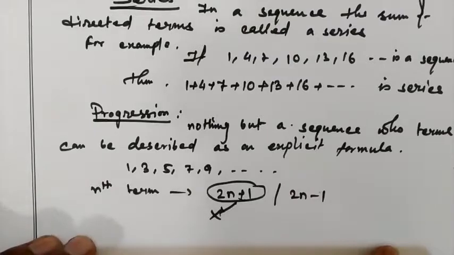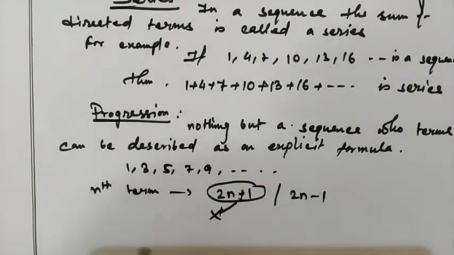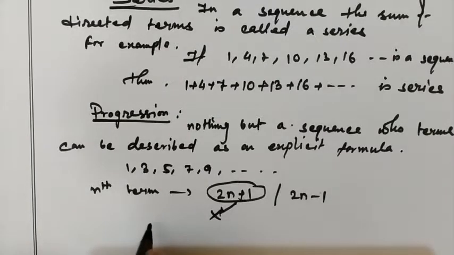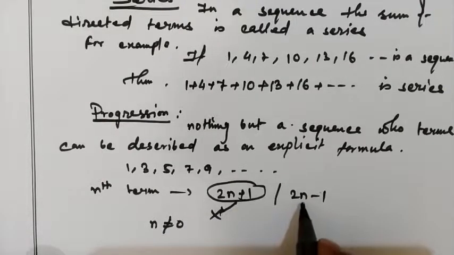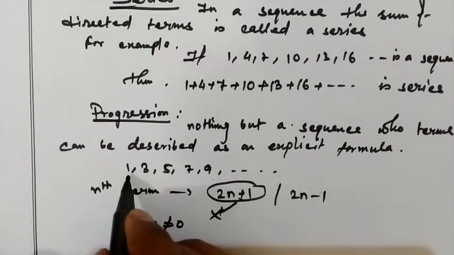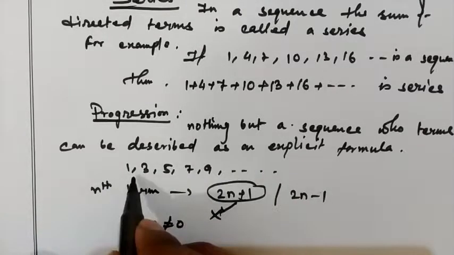In the definition I have told you that the domain of a sequence is the set of natural numbers. Natural number means n is not equal to 0. So here, for getting the first term, we would have to put n equal to 0. That means n is not a natural number, so we cannot put n equal to 0. That's why this will not be accepted. And here if you put n equal to 1, then we will get the first term, that is 2 into 1 minus 1, that is 1.